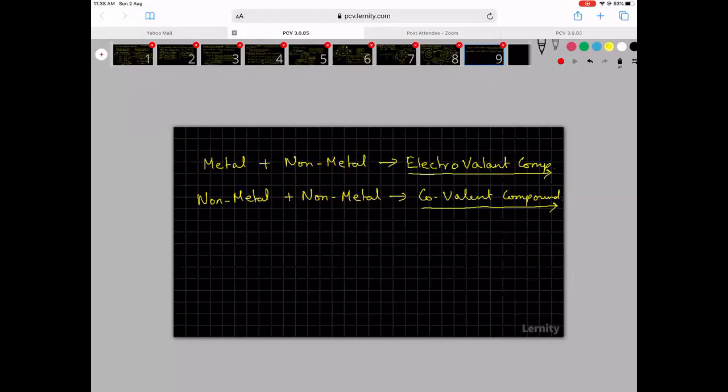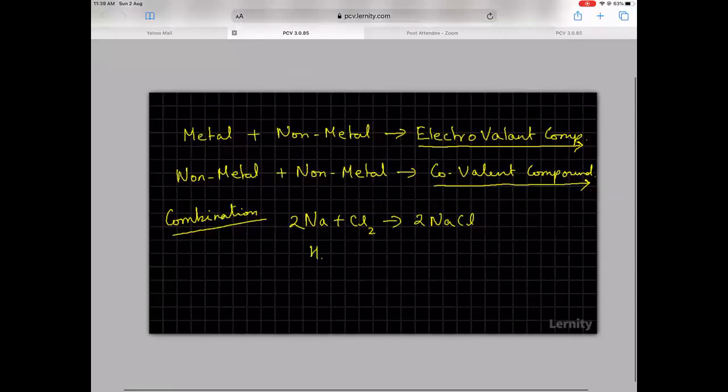We were talking about combination reactions. In a combination reaction, one element combines with another element to form a compound. More examples: Na plus Cl2 gives 2NaCl, an electrovalent compound. H2 plus Cl2 forms 2HCl.